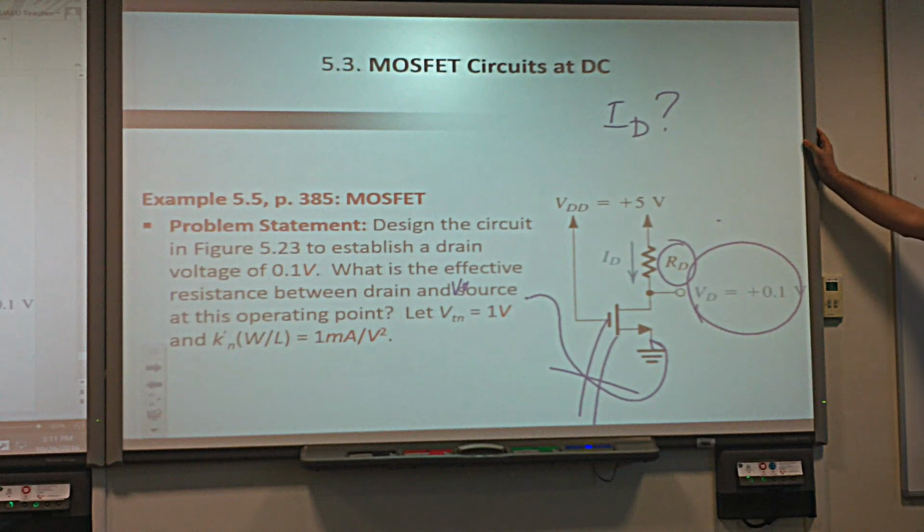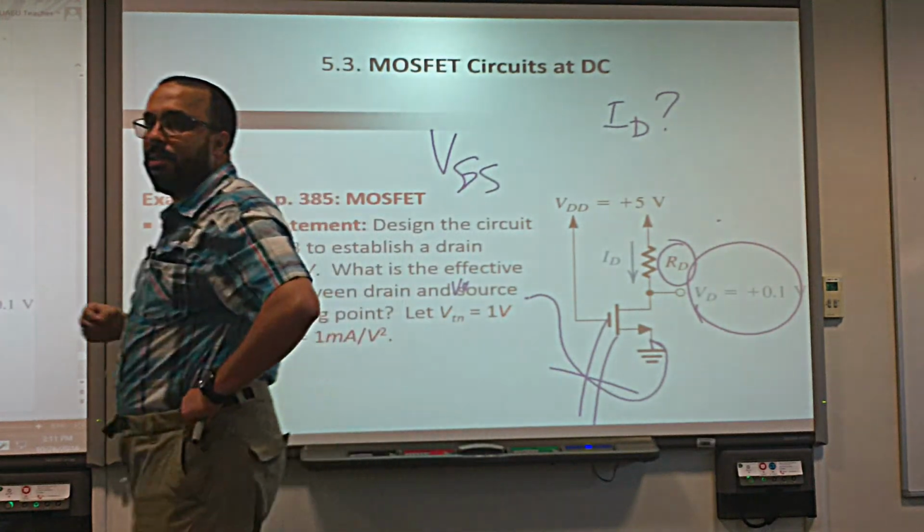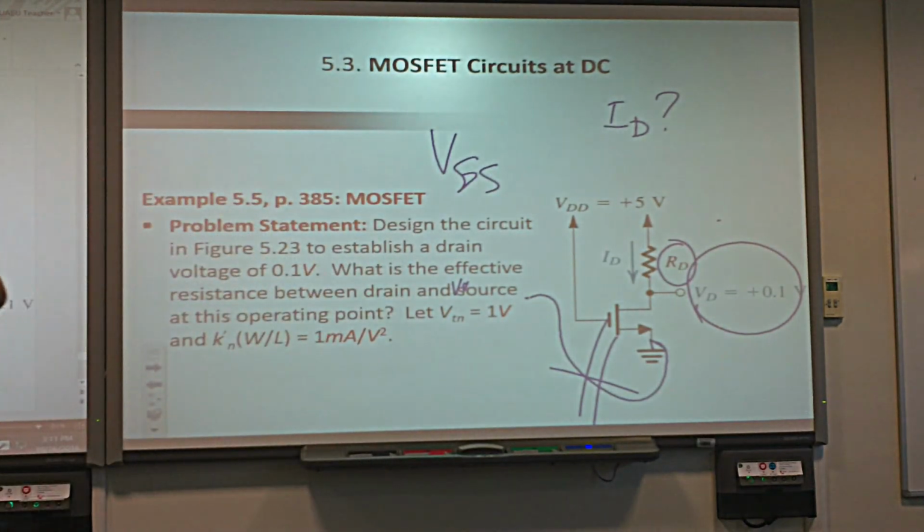Very good. So actually that's the first one. We have to make sure that VGS is above VT. Yes or no? And then VDS, if it is above the overdrive or less than the overdrive. Okay, let's see. Now VGS is equal to what? How much is VGS in this circuit? You raise your hand. VGS is equal to what?